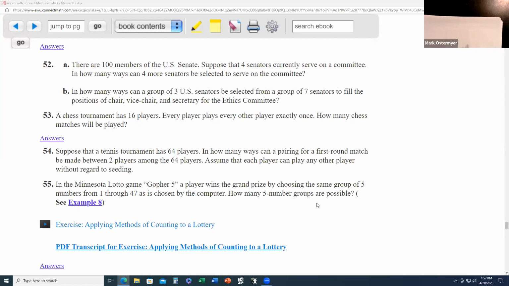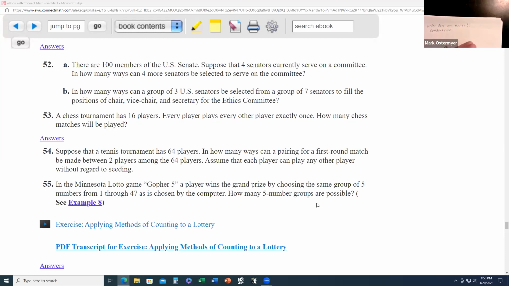So I guess all the members on this committee are of equal rank. Well, order does not matter. And because order does not matter, are we talking about a permutation or a combination? We're talking about a combination.